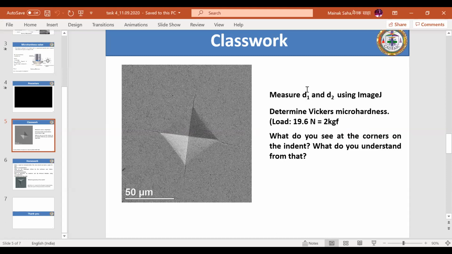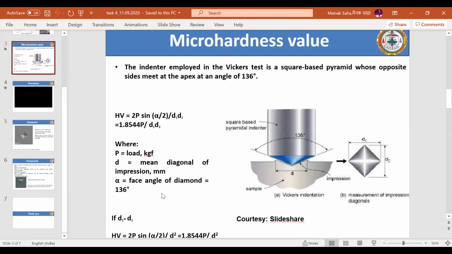You have to measure this d1 and d2, and use this formula. It is definitely straightforward: 1.854 times P, where P is 19.6 Newton or 2 kgf, divided by d1 d2. Just put this in the formula and you find the HV.